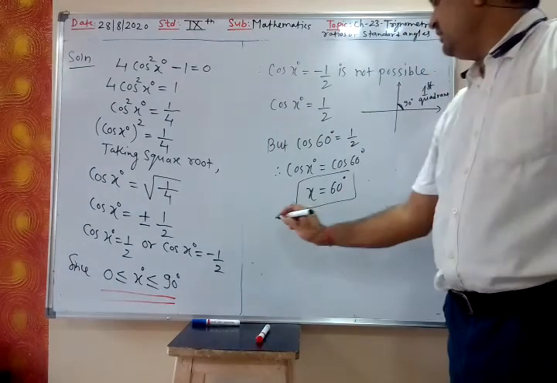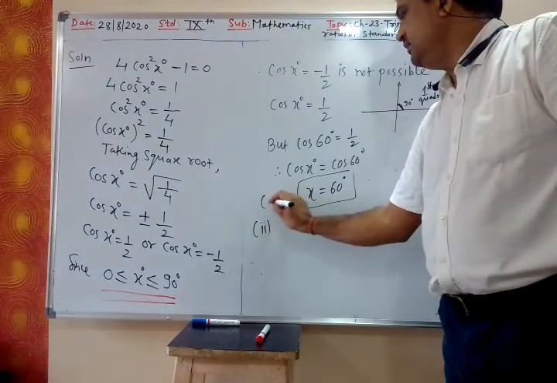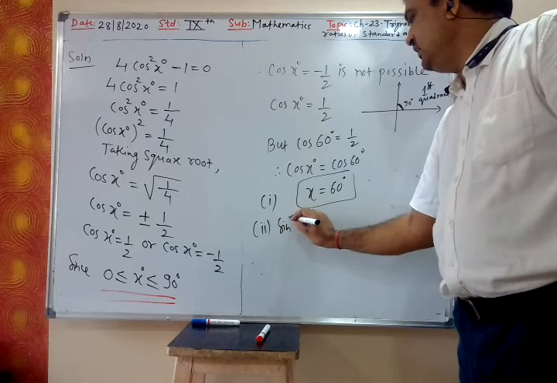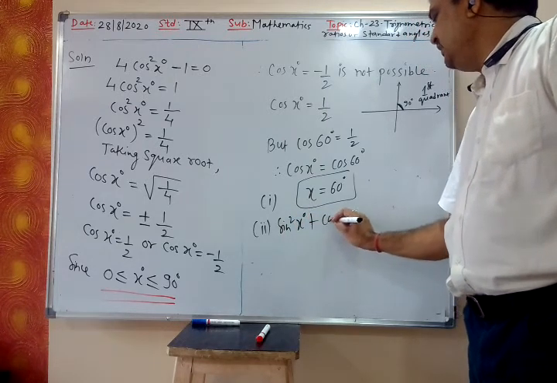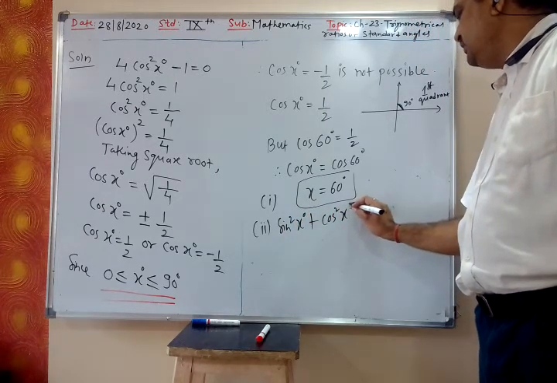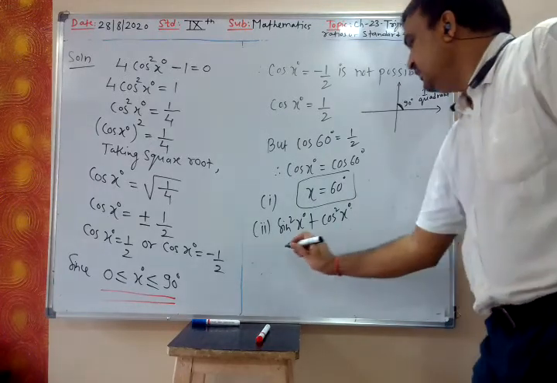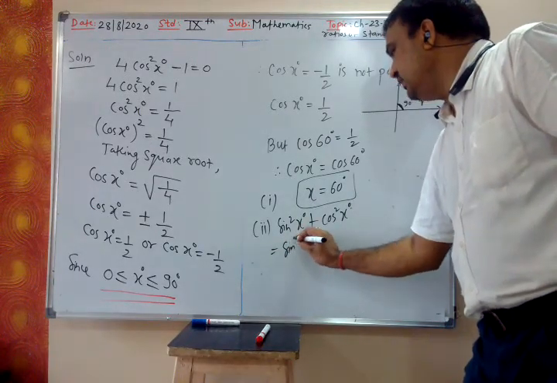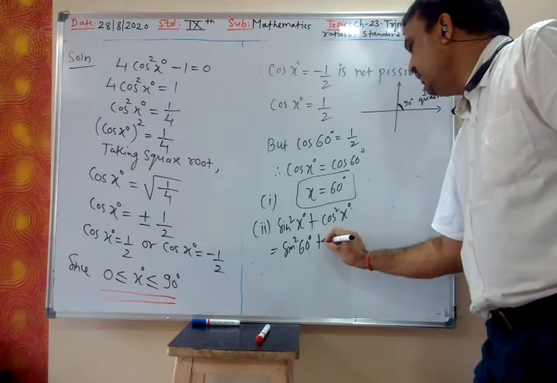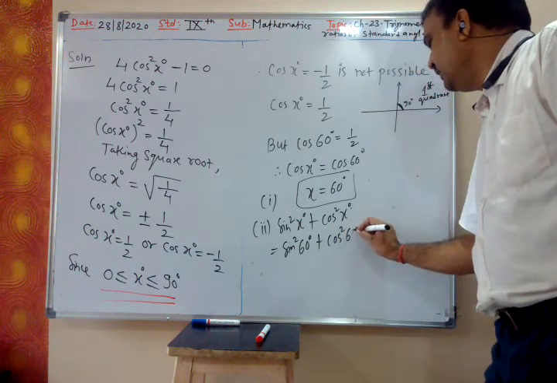So first part we have found, x is equal to 60 degree. Now find sine square x degree plus cos square x degree, second part. Put the value of x: sine square 60 degree plus cos square 60 degree.